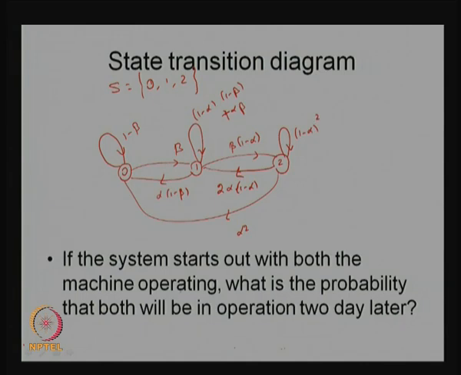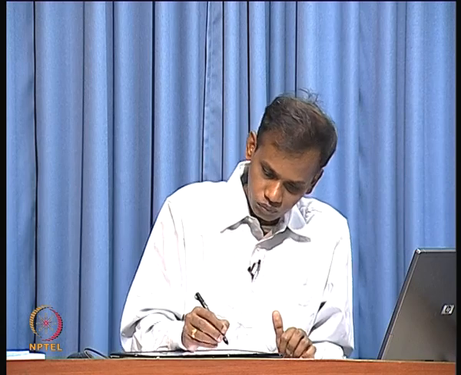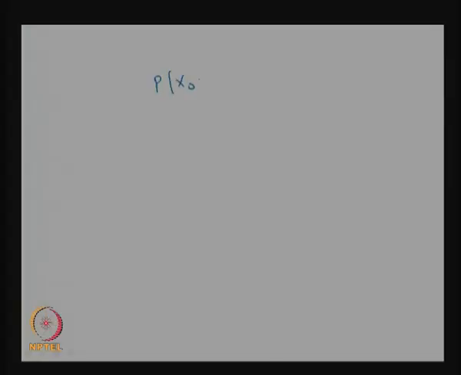So, this can be converted into P(X_0 = 2) = 1, or we can write the initial probability vector: the probabilities that at the 0th step the system was in state 0, state 1, and state 2.